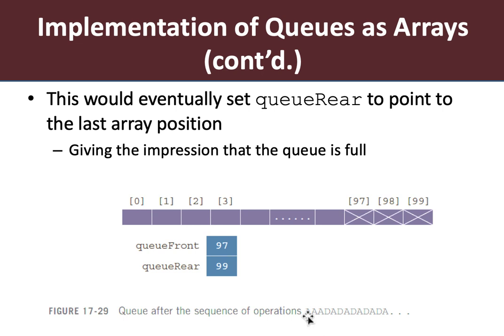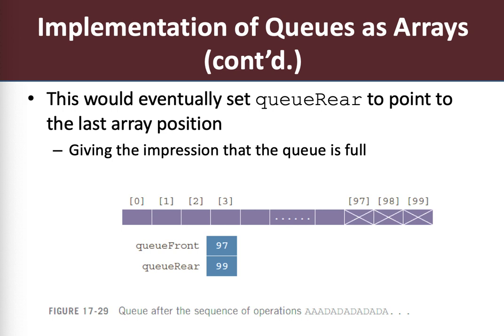So again, A stands for adding an element to the queue, and D stands for deleting an element from the queue. This sequence of operations would eventually set the index queueRear to point to the last array position, giving the impression that the queue is full. However, the queue has only 2 or 3 elements, and the front of the array is empty, as you can see here in the figure.